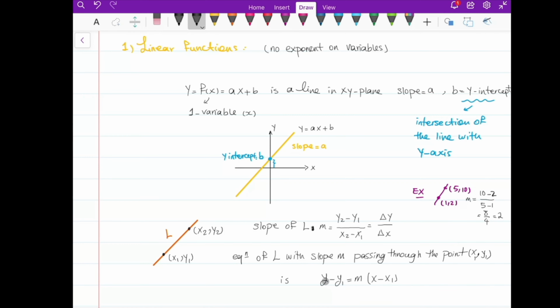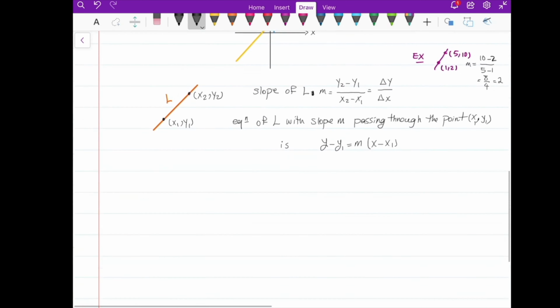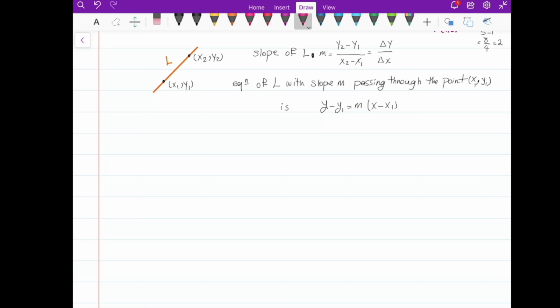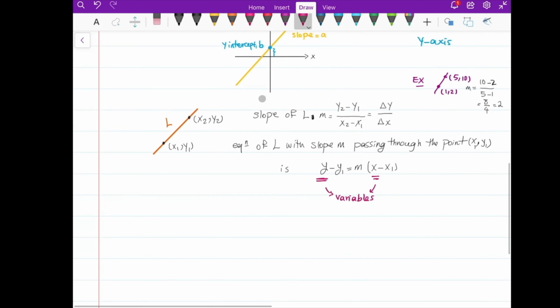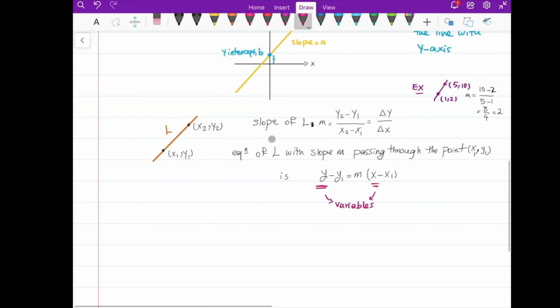So this y and this x here are just variables. Then you put the coordinates of your given point, the first coordinate here, the second coordinate here. In these two spots you have numbers, and the slope is just a number. That was basically a recall of how to find the equation of a line.